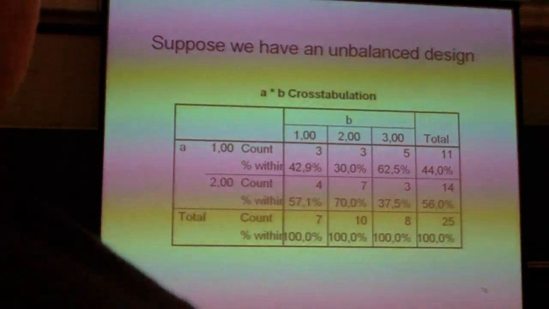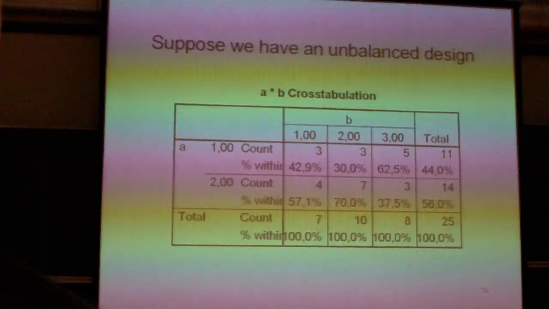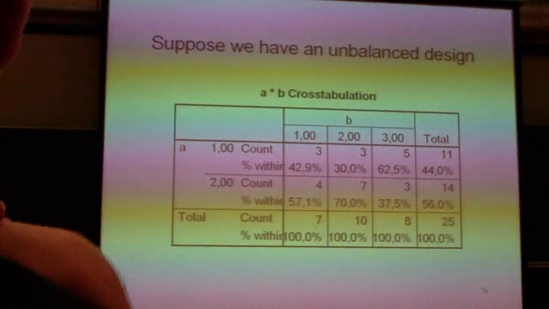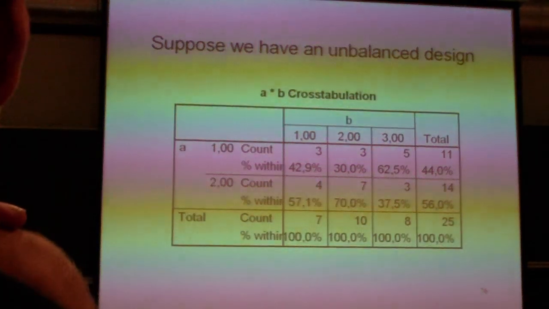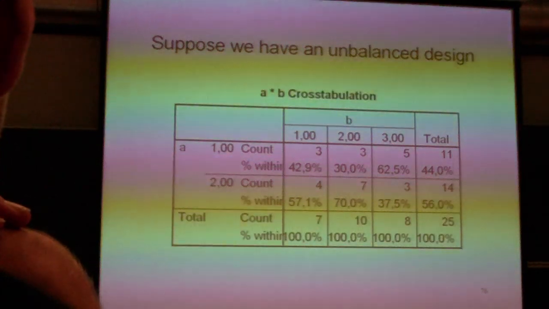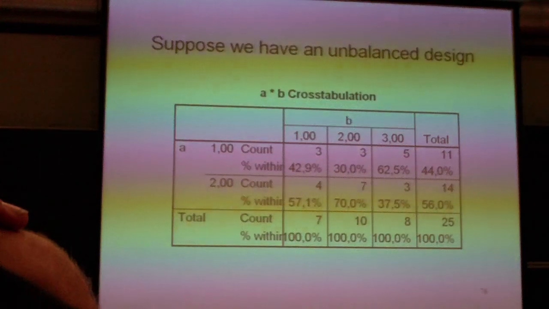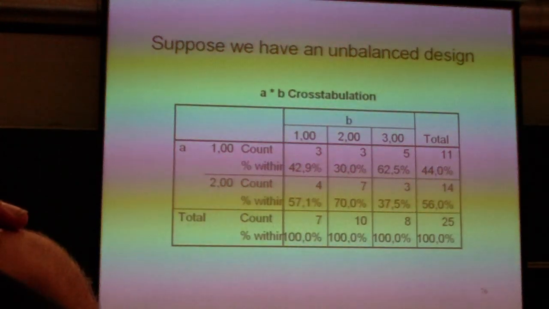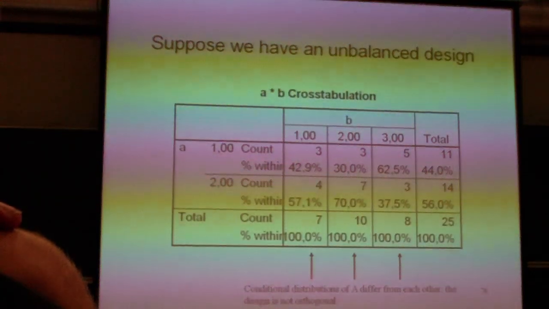We just had an example of an orthogonal two-way design. That is to say, the difficulty and the priming variables, the two experimental factors of our experiment, were statistically independent. Now here we have an example where we have two experimental factors, which I simply call A and B, where they are clearly not statistically independent.